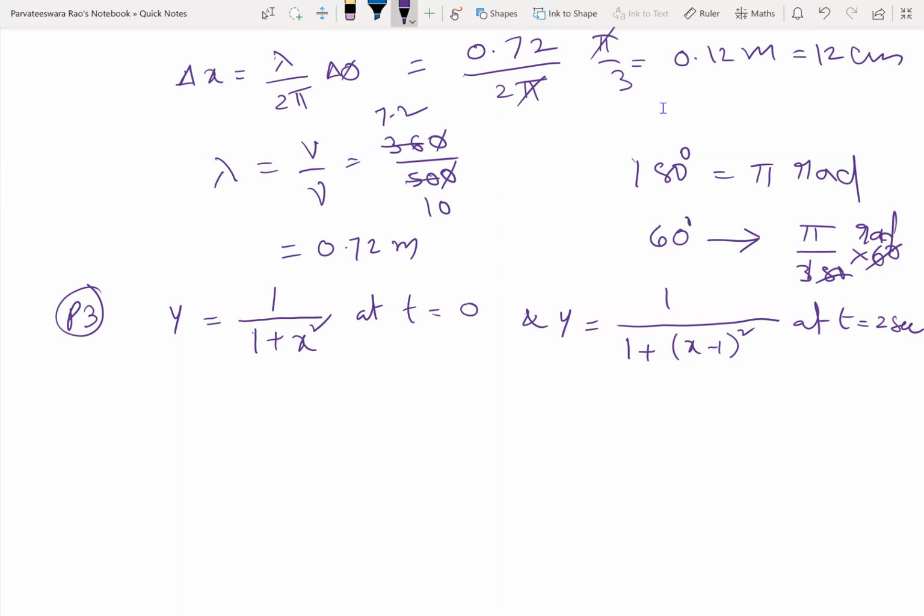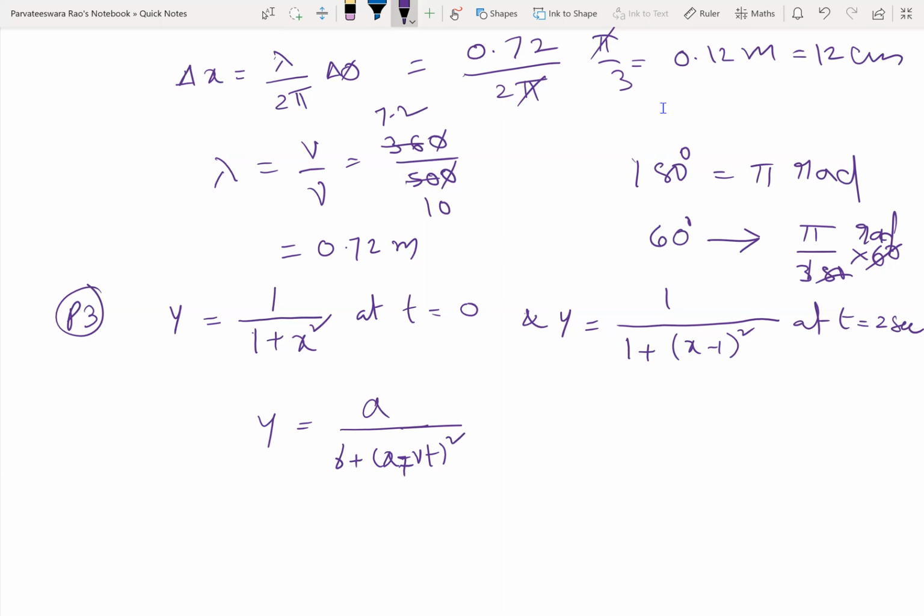So there is another progressive wave equation given by y is equal to a by b plus x minus vt whole square, or x plus vt. If the wave is propagating along the positive x-axis, it is x minus vt. If it is propagating along the negative x-axis, plus vt. So this is the other wave equation.